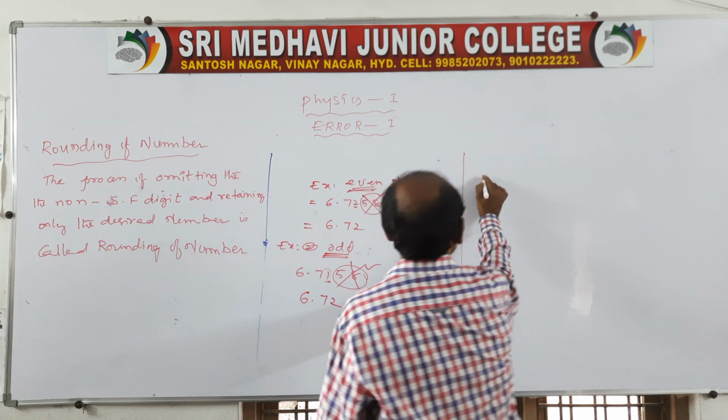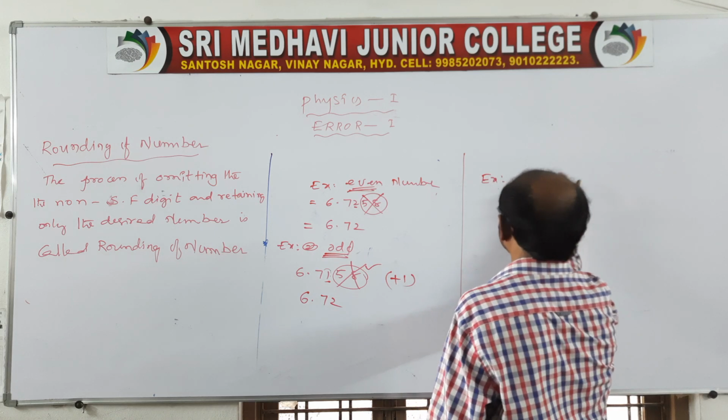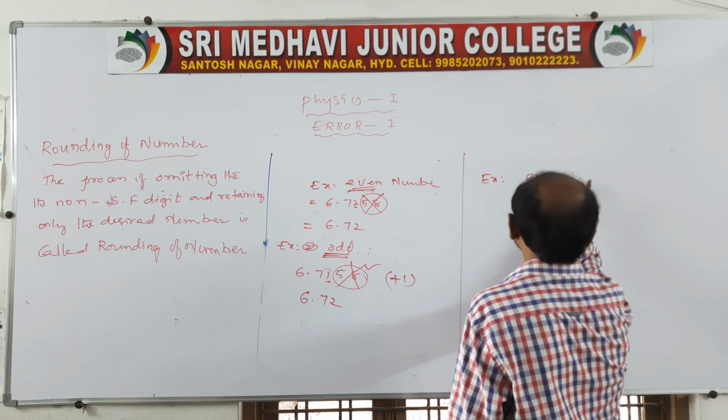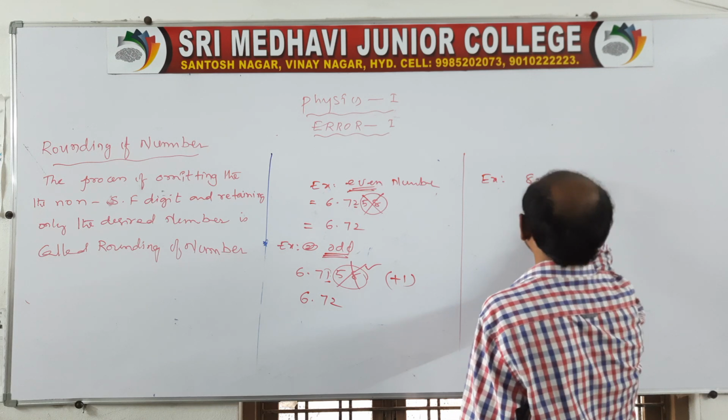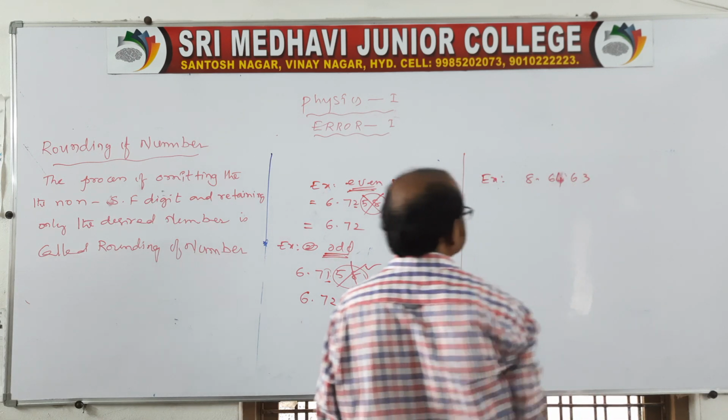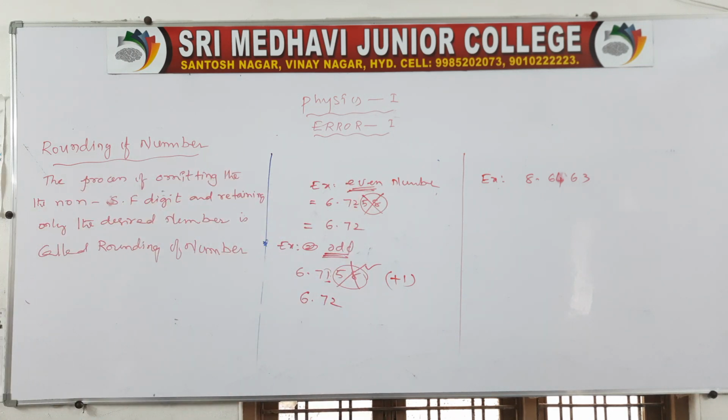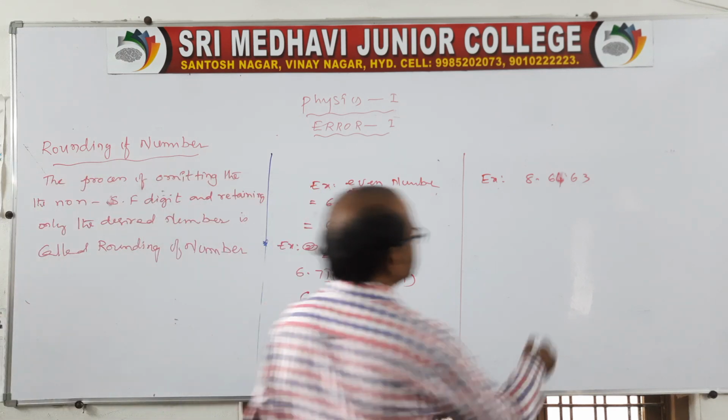I'll give you another example. You take 8.624, and the number is given like that. After the preceding digit, the next digit is even, so it is dropped and only 2 decimal places are retained.